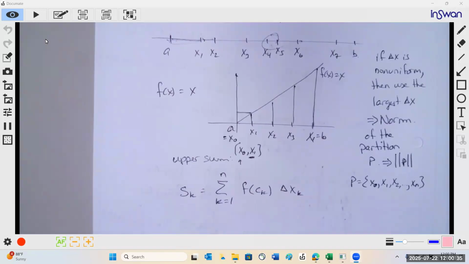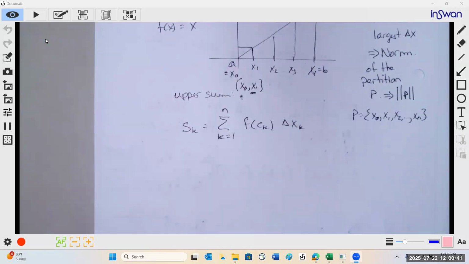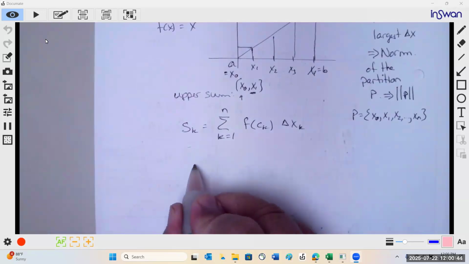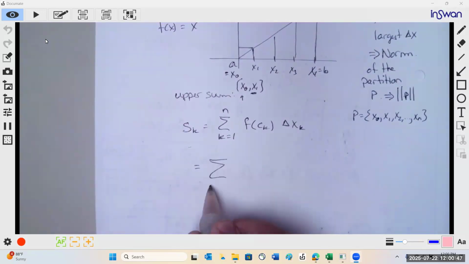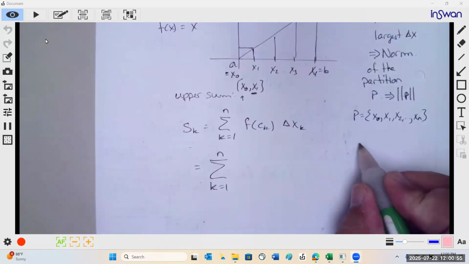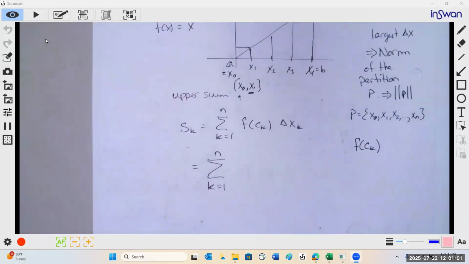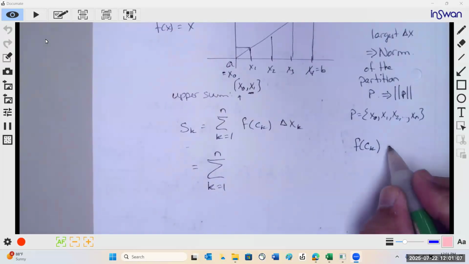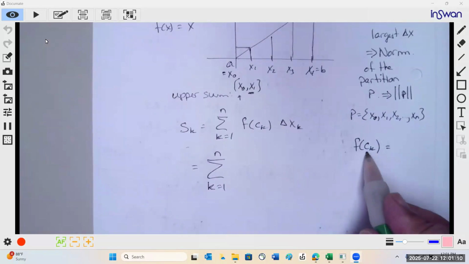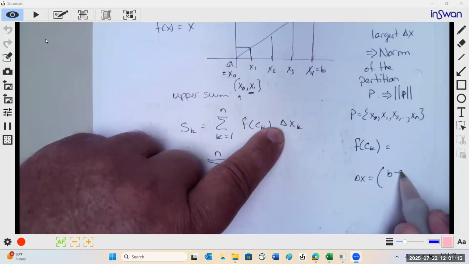All right, so let's look at this. We're going to try to get to a more standard value function of S sub k. So S sub k is equal to the sum for k from 1 to n. We have to define what that is. Remember, delta x is b minus a over n.